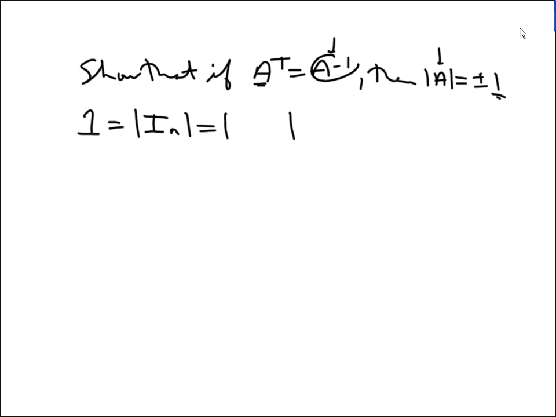Well, before you can talk about A inverse, there must be a matrix A for A inverse to be the inverse of. That is, A and A inverse do exist. So this becomes the determinant of A times the determinant of A inverse.